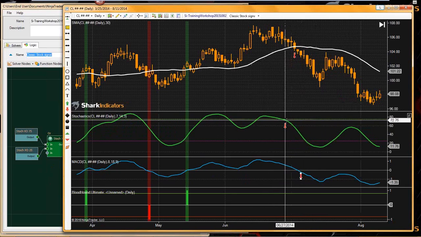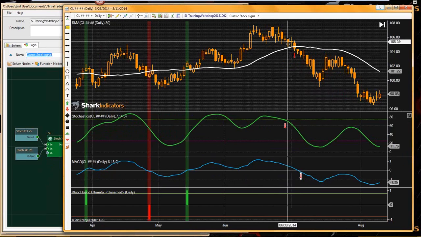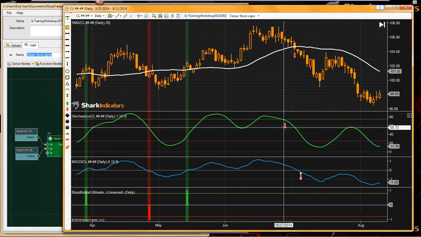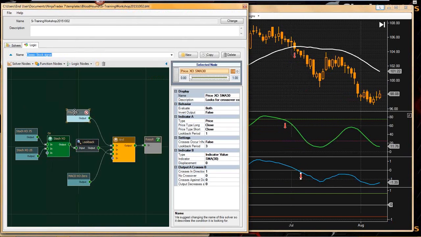So let's say we wanted to capture this cross down, which means we need to kind of loosen up the rules, right? I probably need to allow for 4 days for everything to happen. So what I can do is go into my solvers and change the lookback period.